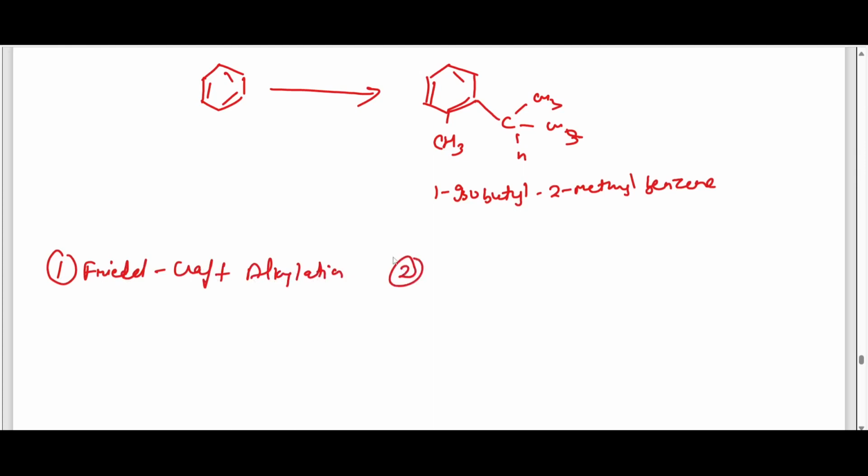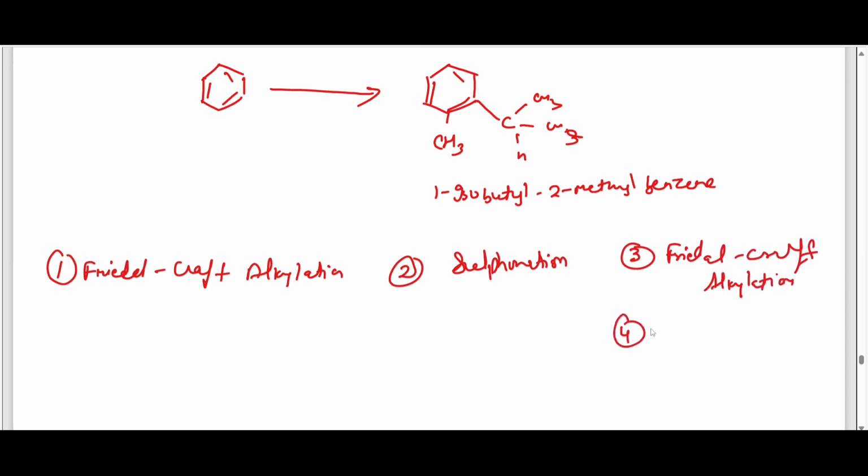In the second step, there will be a sulfonation. In the third step, there will be again Friedel-Crafts alkylation. And in the fourth step, desulfonation will take place to obtain the final product.